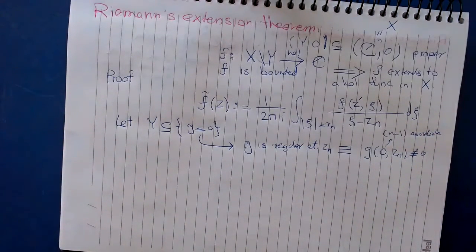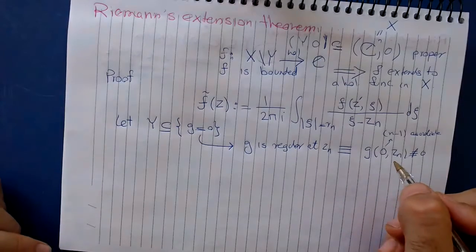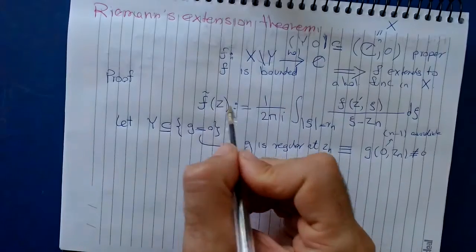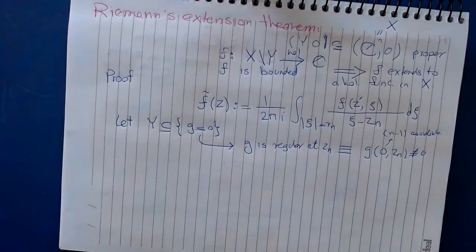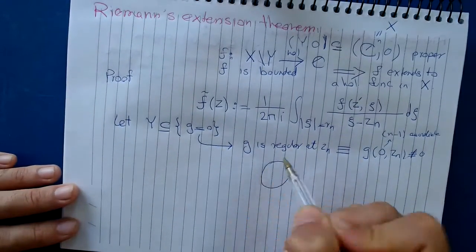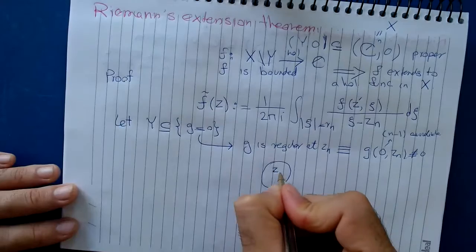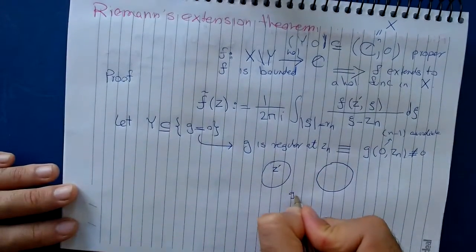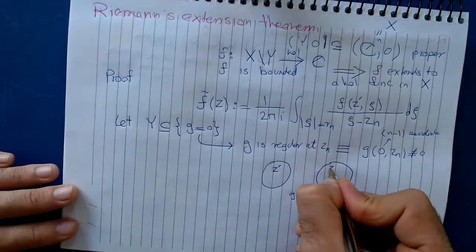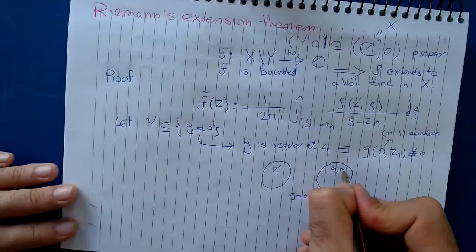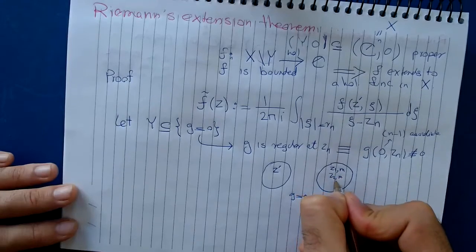At the end of the day, this f is not defined on G equal to 0. Remember that in the Weierstrass preparation theorem, we could take z prime, and then the zeros of G equal to 0 were z1^m, z2^m, and so on.